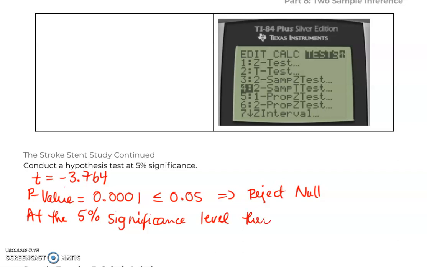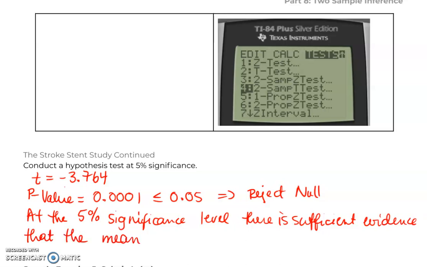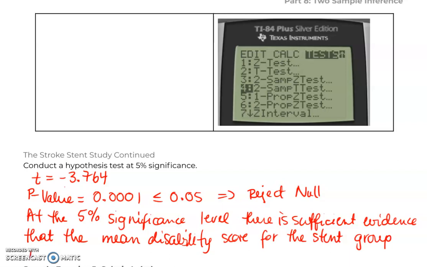There is sufficient evidence that the mean disability score for the stent group is lower than the mean disability score for the control group, for the old treatment.